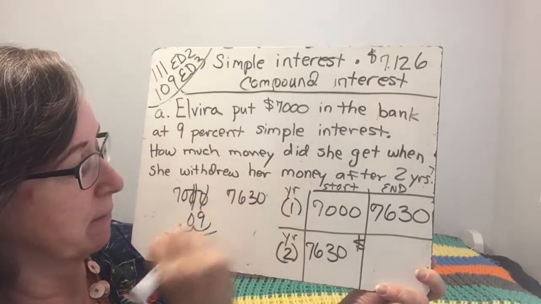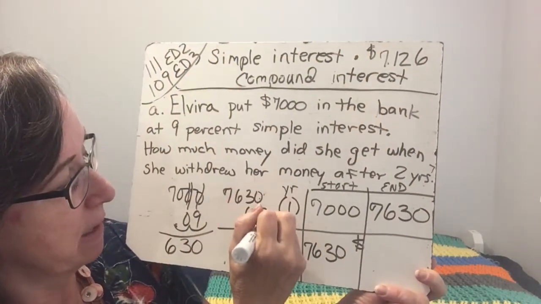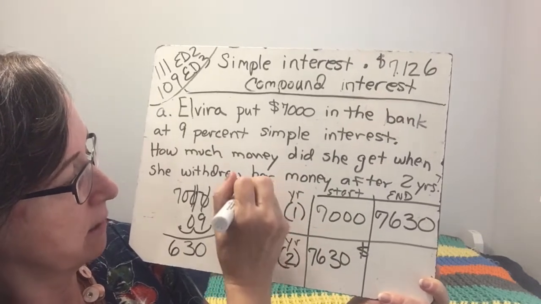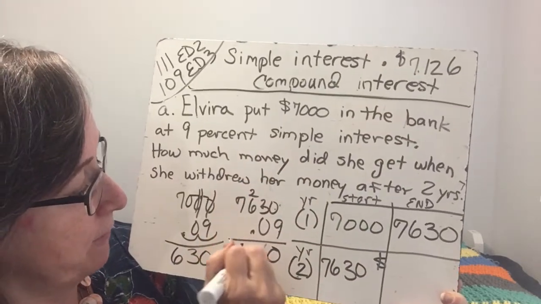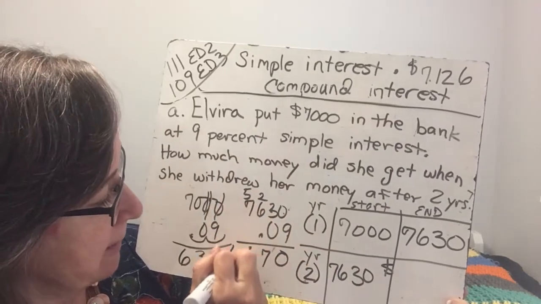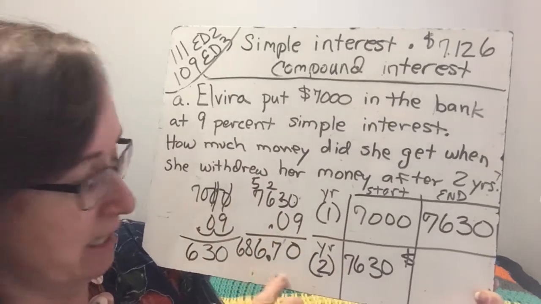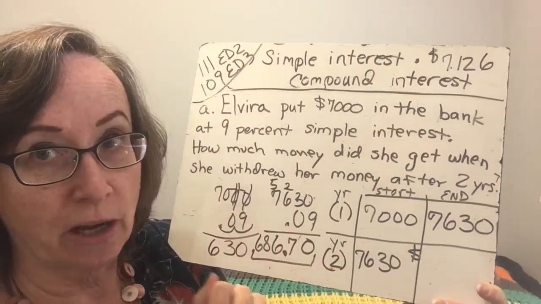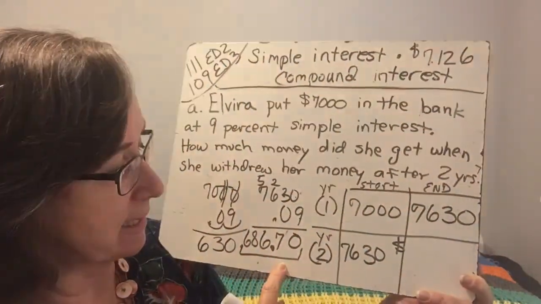So now we have 7,630 times 0.09. 0 times 9. 3 times 9 is 27. 6 times 9 is 54 plus 2 is 56. 7 times 9 is 63 plus 5 is 68, and 2 decimal places. So at the end of the second year, she has earned on that second year $686.70.